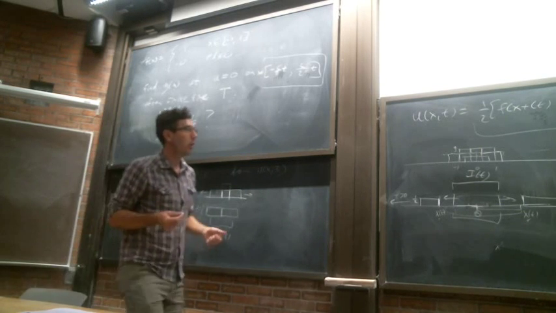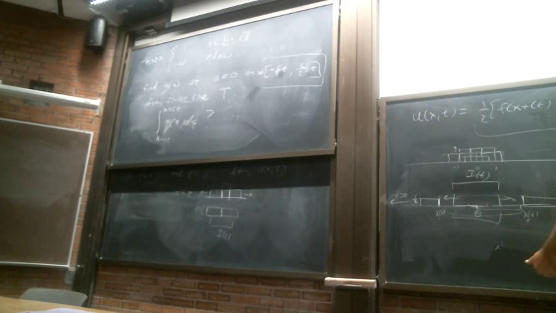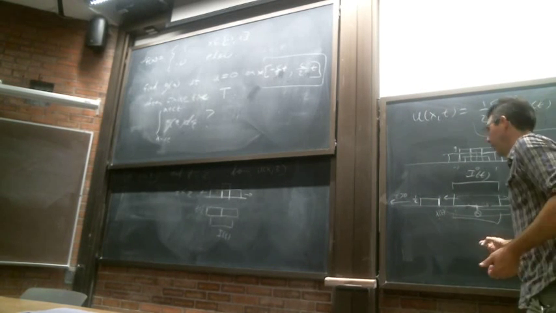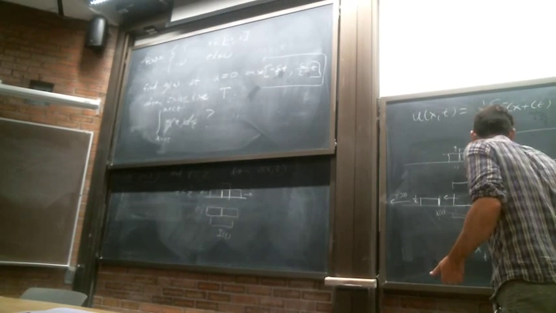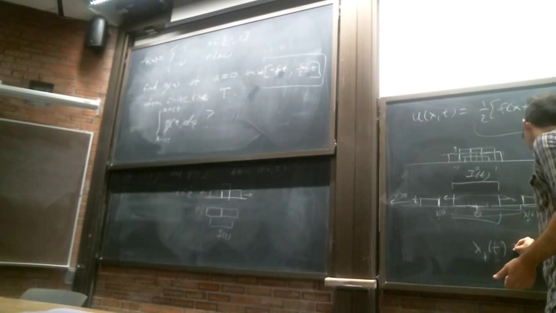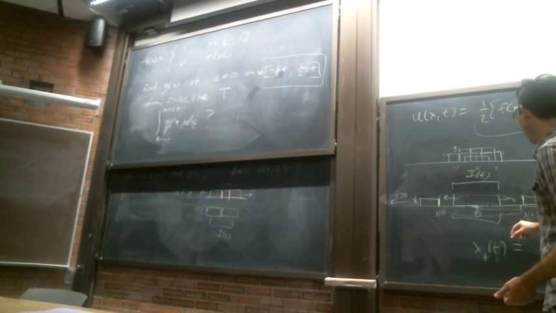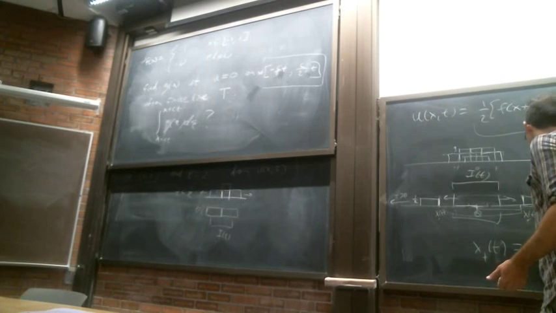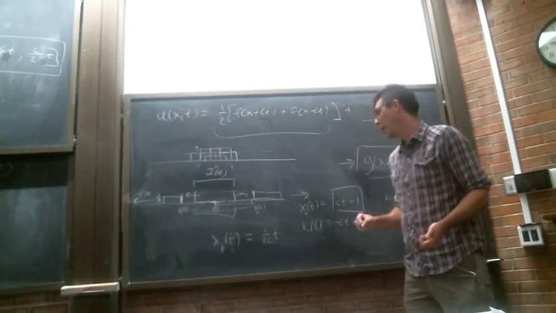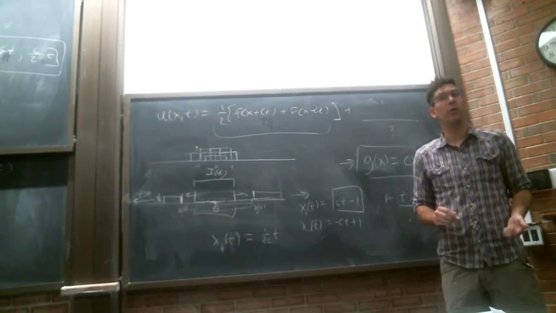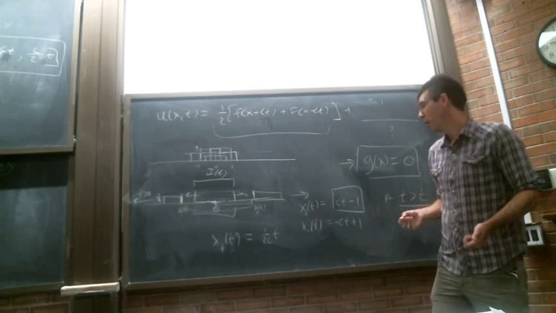So here are those edges, and I have to simply set that x plus equal to whatever the 1 over 2c times t is. Then I have to find the time where those intersect.